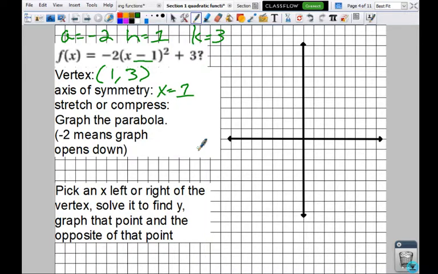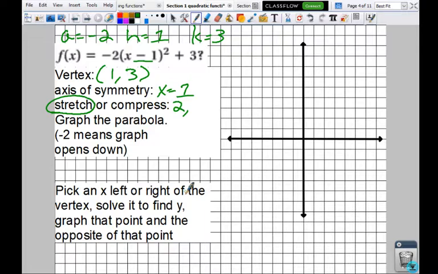It was one of the very first ones. It is a vertical stretch, because a compress is basically a decimal. If it's a little decimal, it's a compress. So this is going to be a stretch by a factor of 2, because that's what my number is.